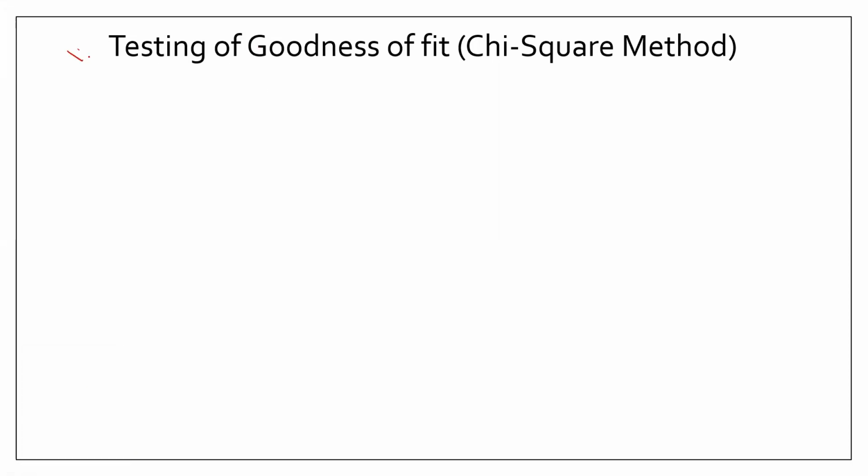From the previous four topics, you may have some choice about which hypothesis testing question may come, but from testing of goodness of fit using the chi-square method, one problem will be 100% sure. We will see slowly. It's a very small topic, but very important as well.